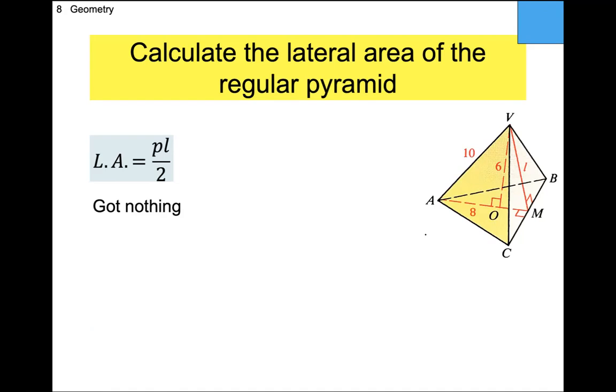So that dotted line that goes from A to M has got to be a median, right? Because it's an equilateral triangle, and if you are perpendicular and you go from a vertex, then it's a perpendicular bisector. We have that one theorem that states that. And perpendicular bisectors go through the centroid.